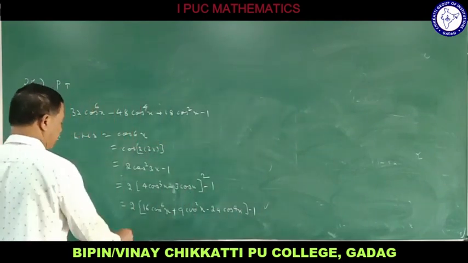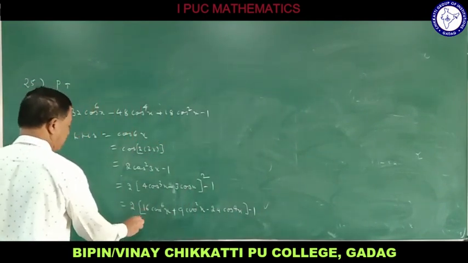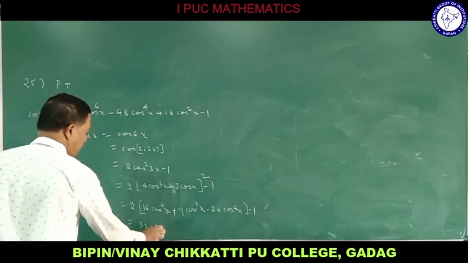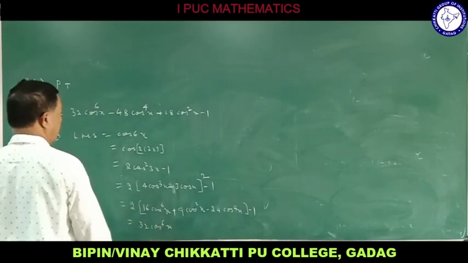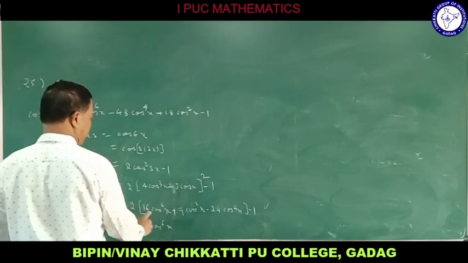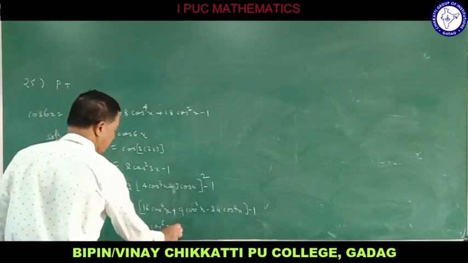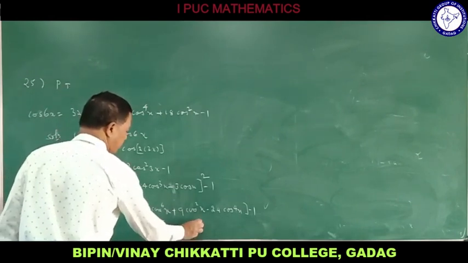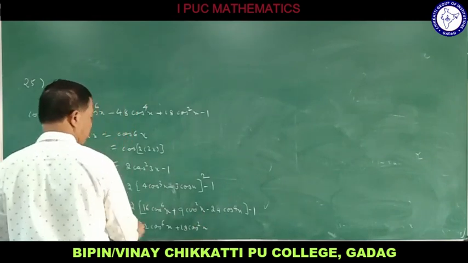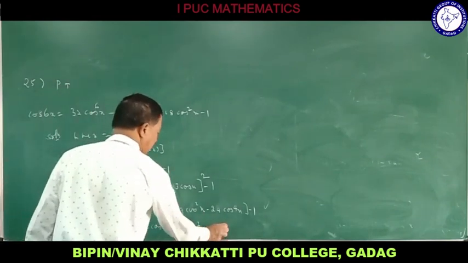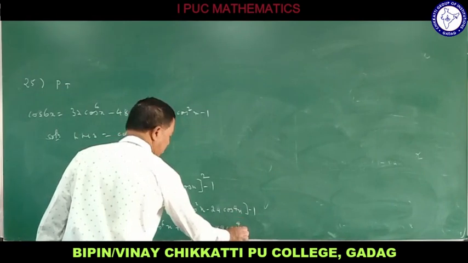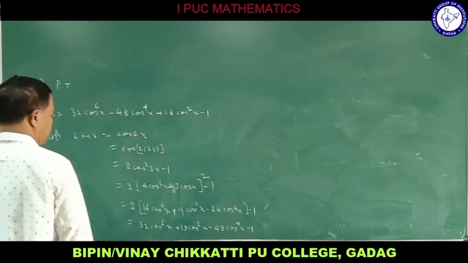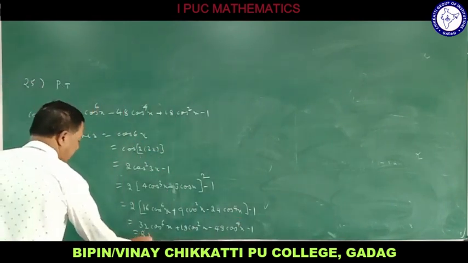And you see the multiplication: 16 into 2 is 32 cos 6x, 9 into 2 is 18 cos square x, and 24 into 2 is minus 48 cos 4x, minus 1. So this is the RHS.